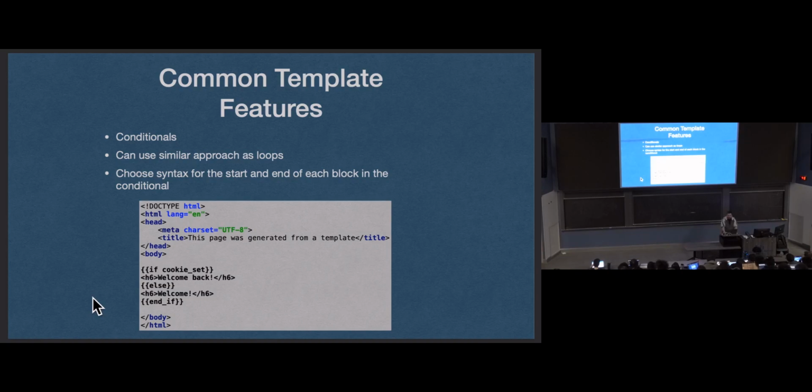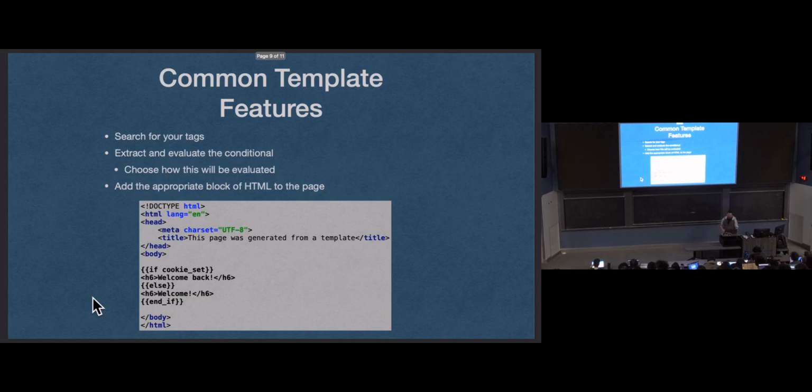I don't have much to say about the conditional. You do have to evaluate this conditional some way. I was going to say it gets tricky, but it's not that tricky. You just have to have some way to evaluate that in your code.